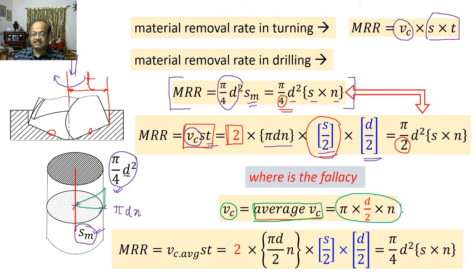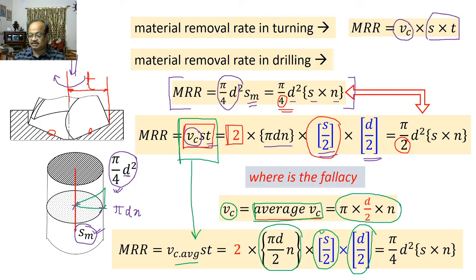Once we plug in these numbers, let us see what happens. My MRR becomes Vc into S into T, where Vc gets replaced by Vc average. Then this is my Vc average, this is feed per tooth, this is depth of cut per cutting edge, this is feed per cutting edge, let me rectify this, and this is the number of cutting edges, which is 2.